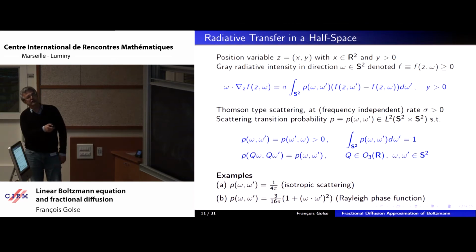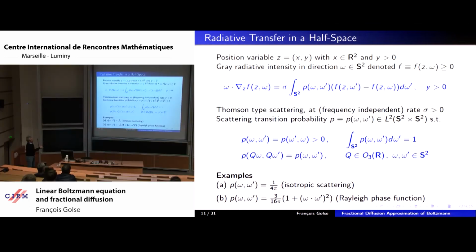And you have the scattering transition probability p of omega, omega prime, which you choose to be a function which is L2 in omega, omega prime, symmetric, everywhere positive, integrates to 1 in either of the variables omega or omega prime, and you choose it to be isotropic, meaning equivariant under the action of the orthogonal group.